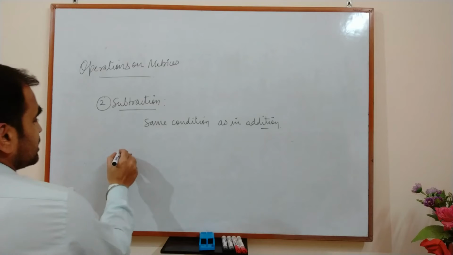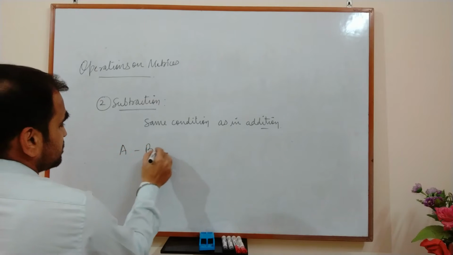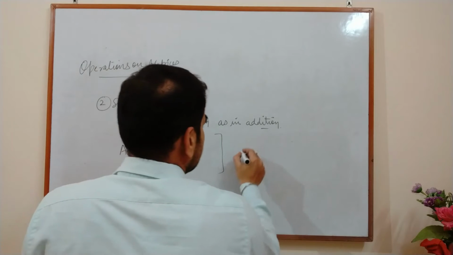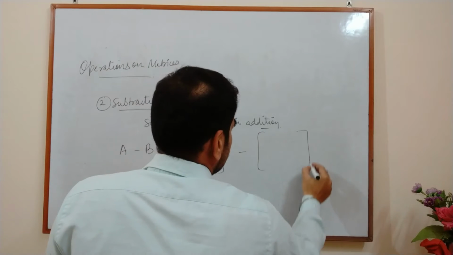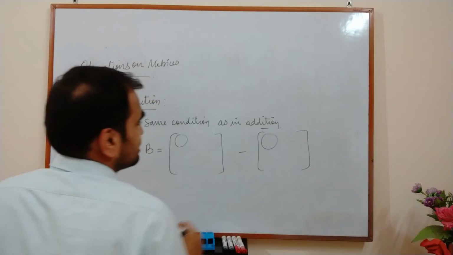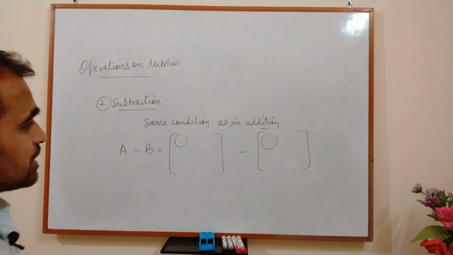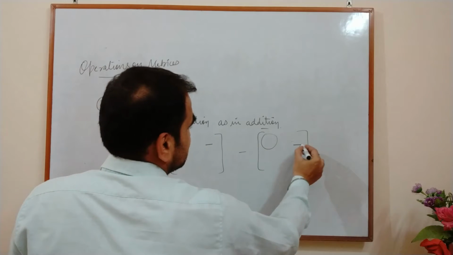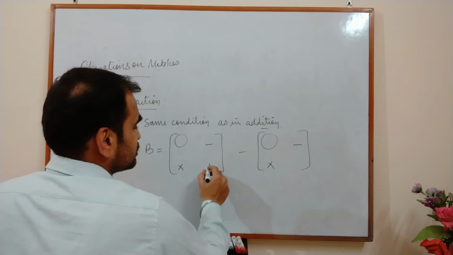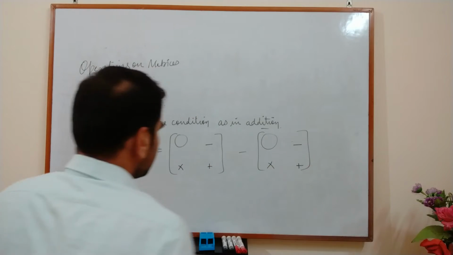If you want to subtract, simply subtract element by element. So A minus B: subtract the first element of the second matrix from the first element of the first matrix. Similarly the second element, the third element from the third element, and the fourth from the fourth, so you will get the solution, right?